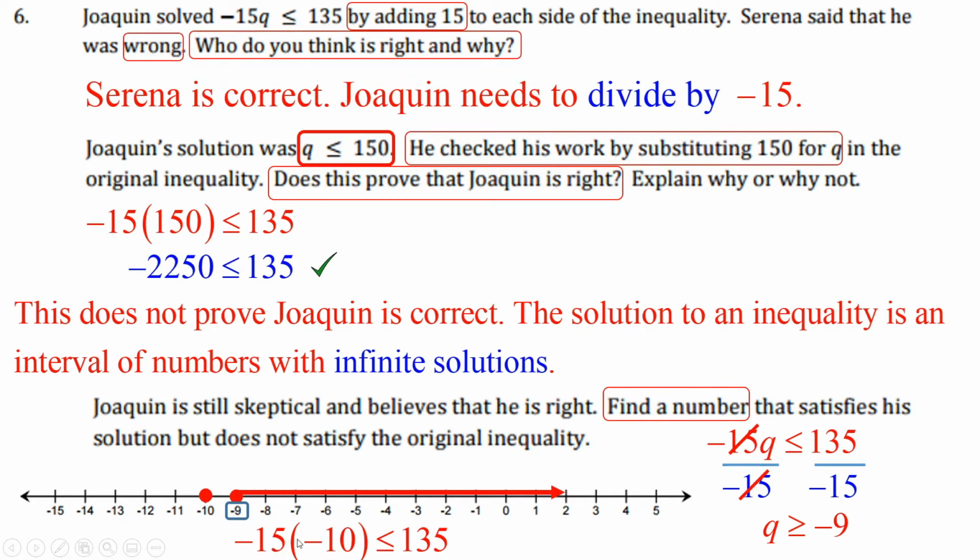Well, negative 15 times negative 10 is 150. Is 150 less than or equal to 135? Doesn't work. So Joaquin, again, this isn't working. We've got to undo multiplication by division.